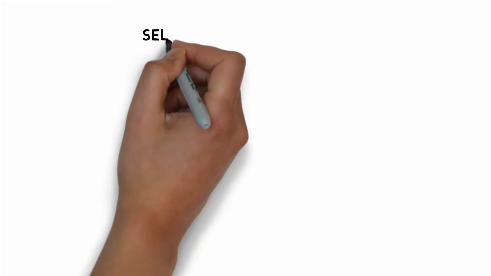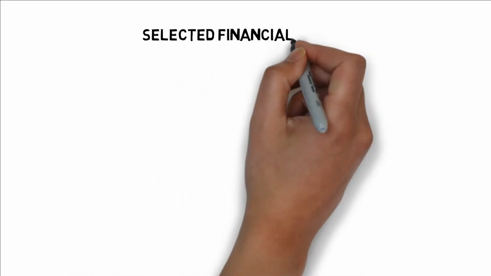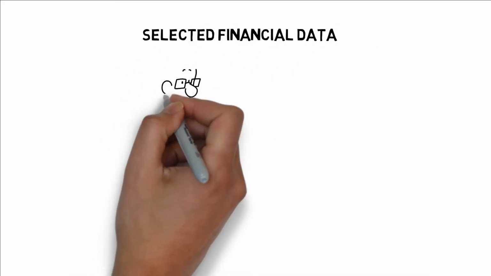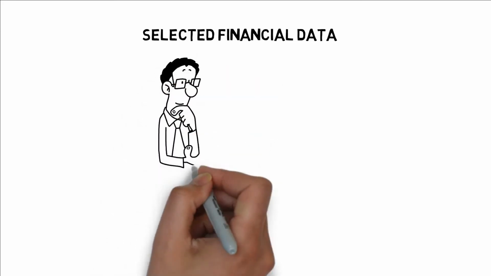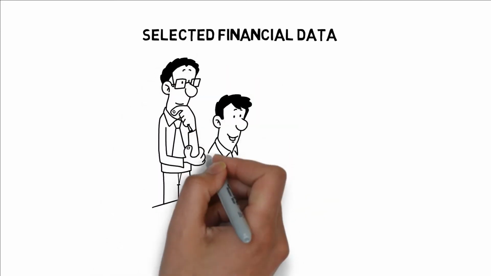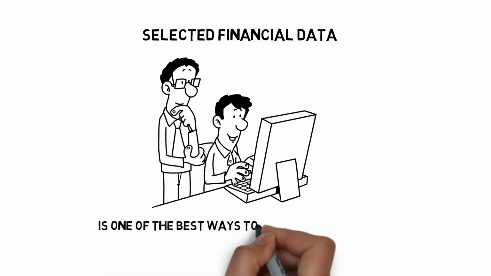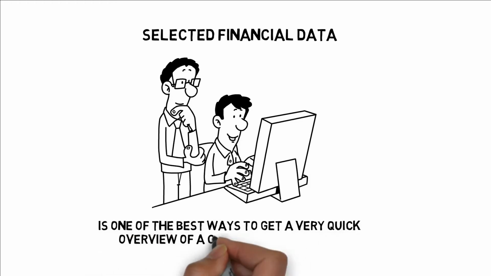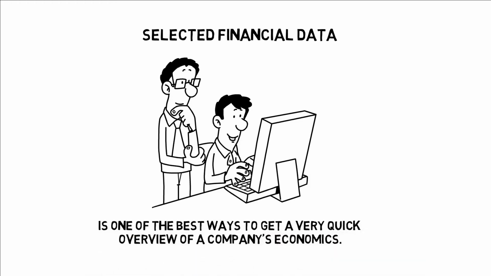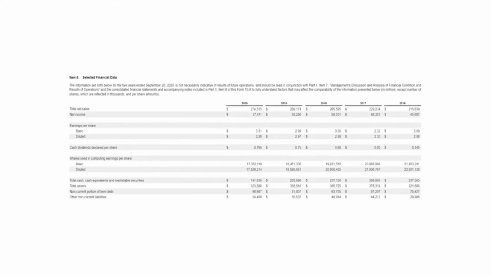Selected financial data. Look at the selected financial data section, which in most cases presents selected data for the previous 5 years, as one of the best ways to get a very quick overview of a company's economics. The selected financial data for Apple is shown here.